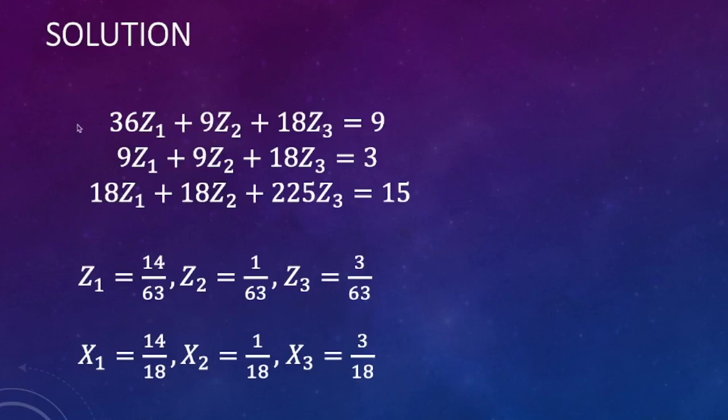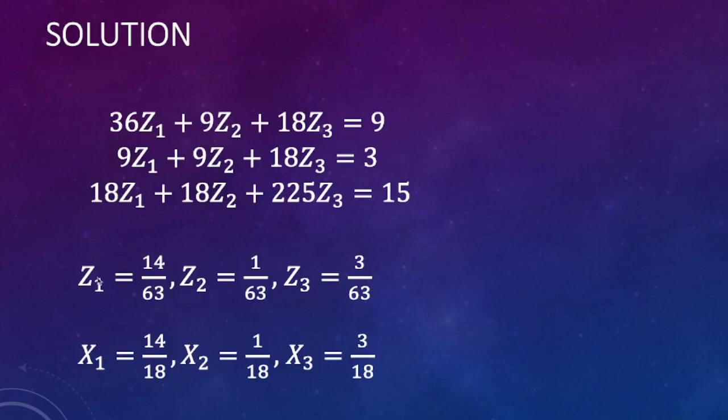If you don't know Gaussian elimination, even Excel can solve that. You might need to search in Google how to solve a system of linear equations using Excel, and you'll find some very good tutorials. So just plug in these numbers and you'll find these values for your Z variables.